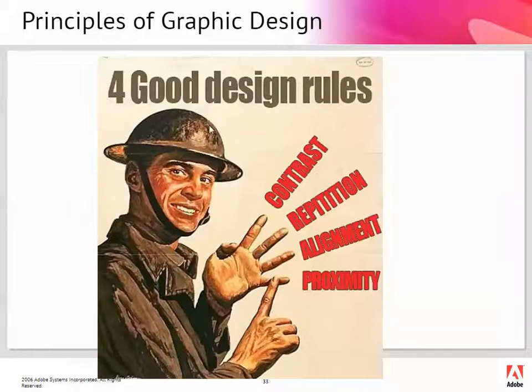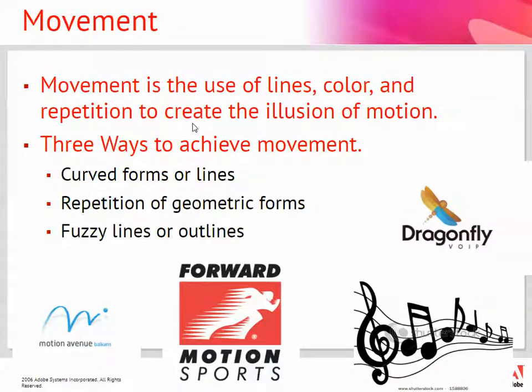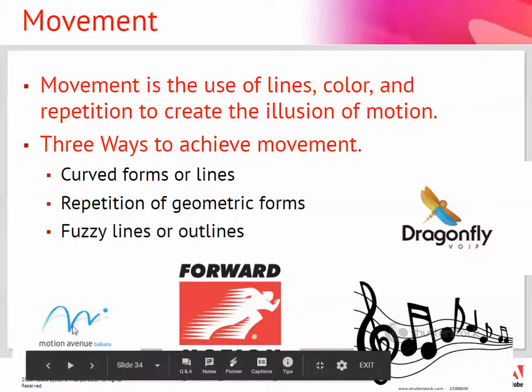All right. So movement is the use of lines, color, and repetition to create the illusion of motion. You can create motion through curved forms or lines. So you have curved and you have repeated curves. That gives the idea of motion. Repetition: you have the repetition of all these triangles, and that makes it look like it's moving.